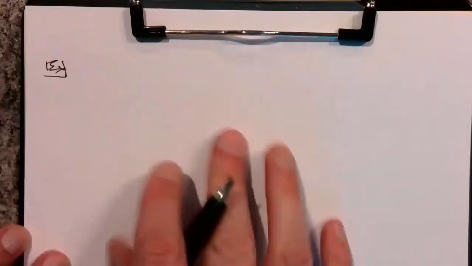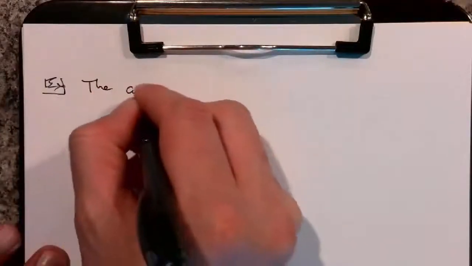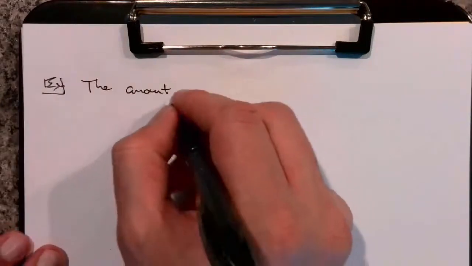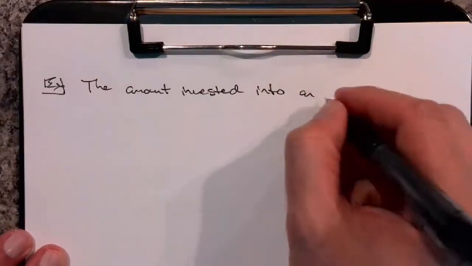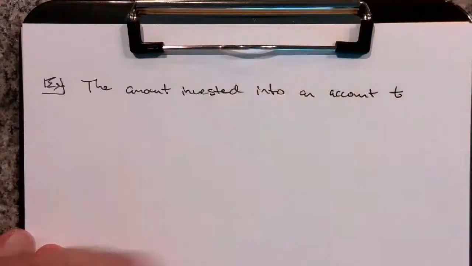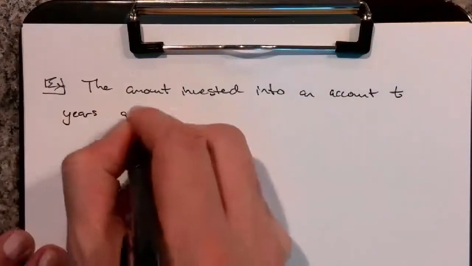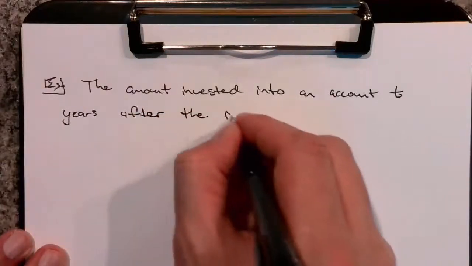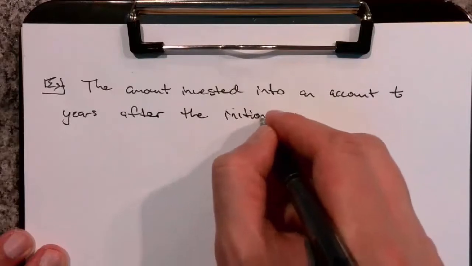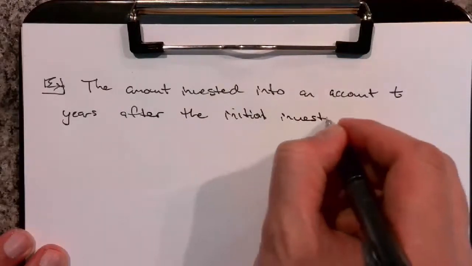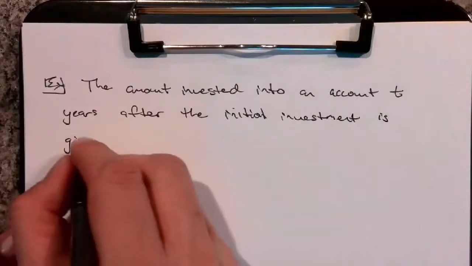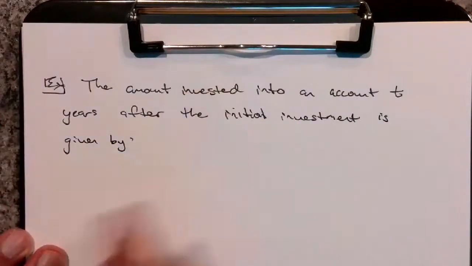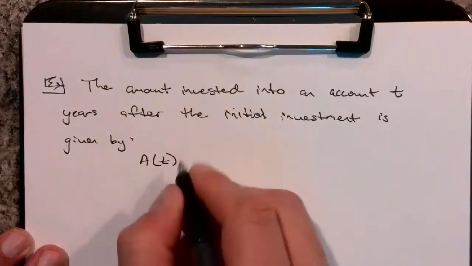All right, so this example here. We'll say the amount invested into an account t years after the initial investment is given by, let's call it A of t is the function name.